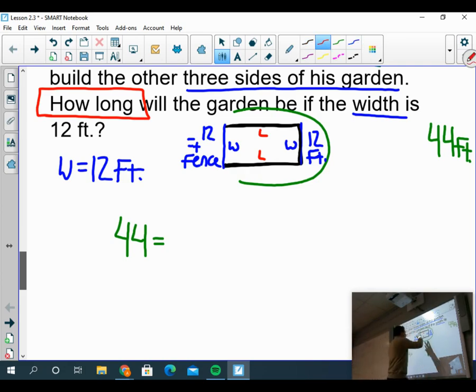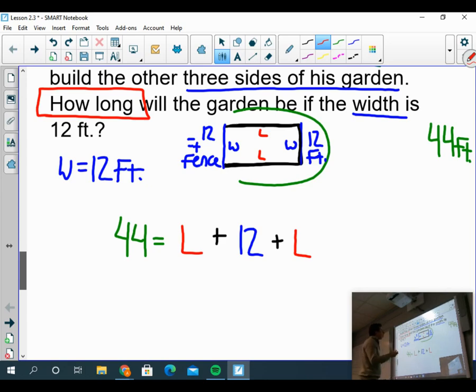We know one of these is a length that we don't know, plus the width, which is 12 feet, plus another length. Okay? We're using 44 feet of fencing to build 3 sides.